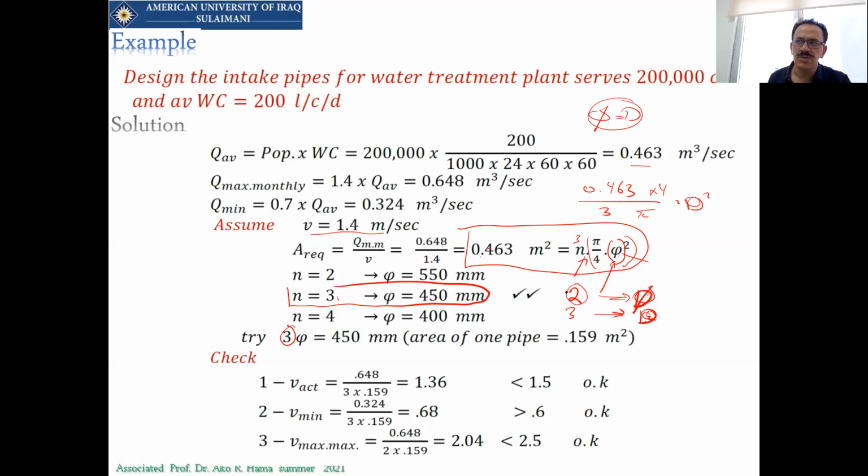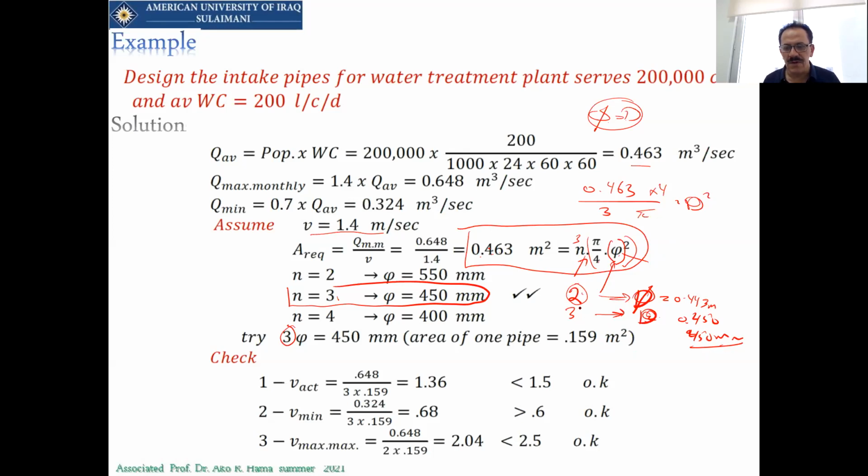If I'm using 2 pipes, the diameter that will be needed through the equation is 0.443 meter, so you can say 450 millimeter is the diameter of the pipe. So if you are using 2, each of them should be 450.